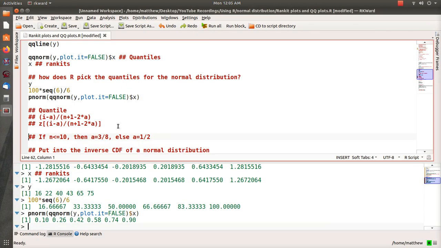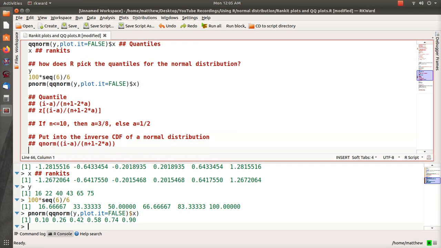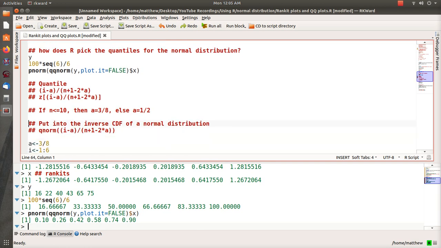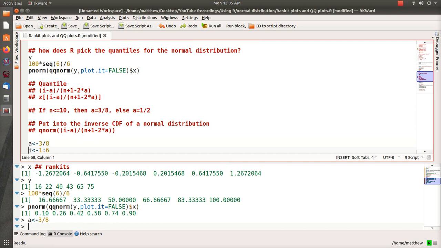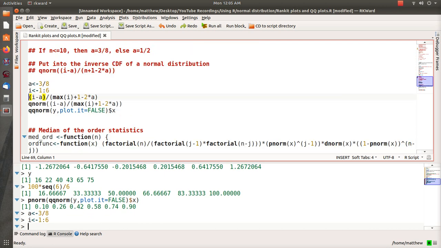Okay. So now let's prove that. Since our sample is 6, which is less than or equal to 10, A is 3/8, and I'm going to let I be 1 to 6, which represents which data point.